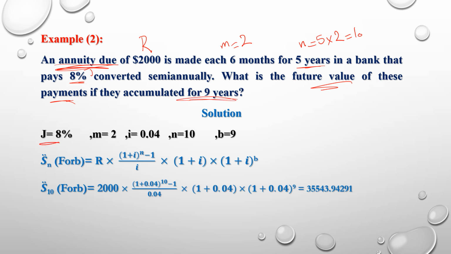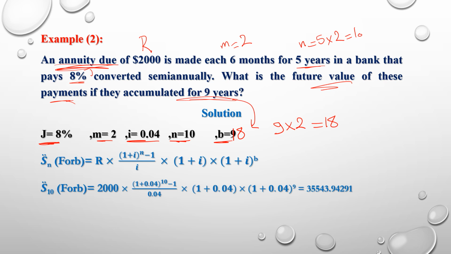So j equals 8%, m equals 2, i equals j over m, 8% over 2 equals 4%, and n equals 10. b here equals 18, not 9, as the accumulation period equals 9 years and m equals 2, so b equals 18.